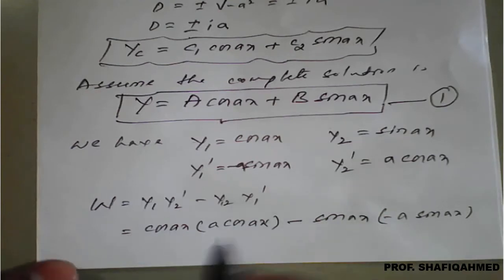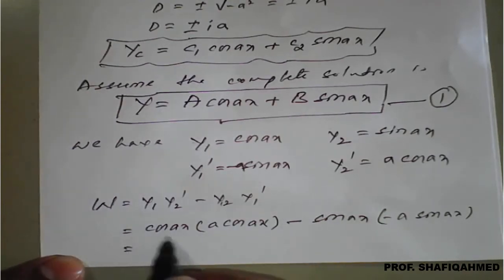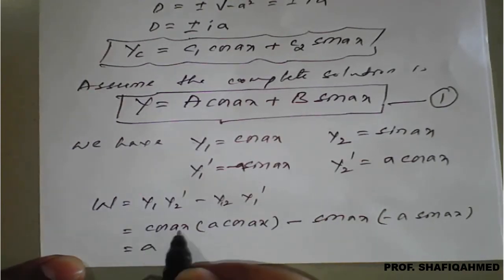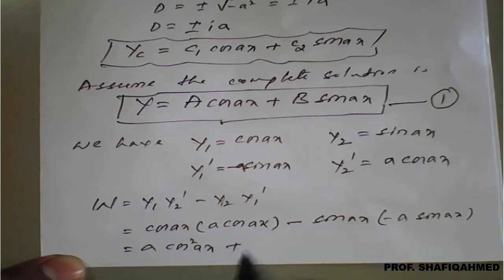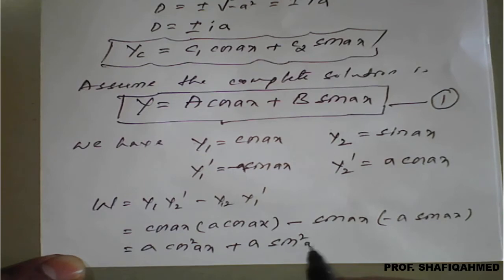On simplification, a outside, cos ax gives cos square ax, plus a outside, sine ax gives sine square ax.